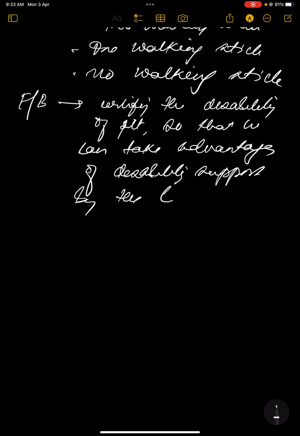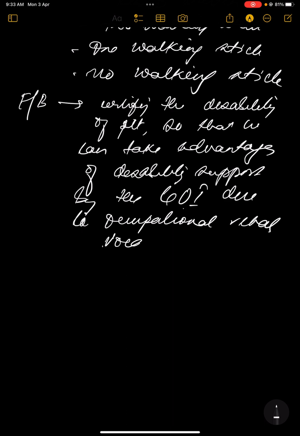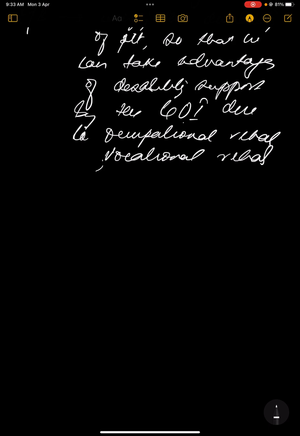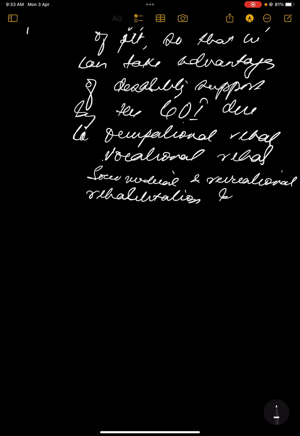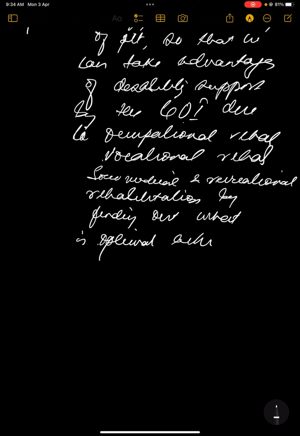You do occupational rehabilitation, vocational rehabilitation, socio-medical and recreational rehabilitation, by finding out what is optimal, achievable for the patient, what is his present status, and trying to maximize the closeness of the status to the optimum.